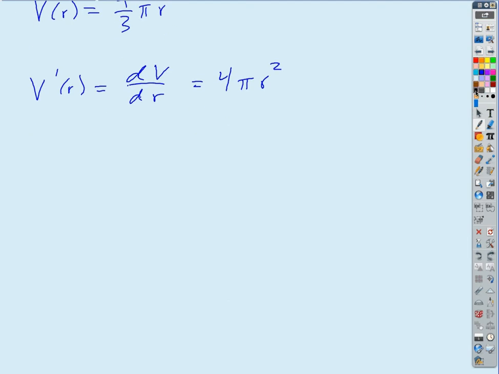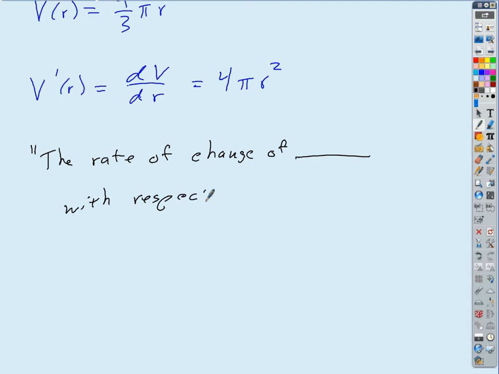We would say, literally, the rate of change of blank with respect to blank. You fill in the blank. The rate of change of volume with respect to r, which stands for radius.